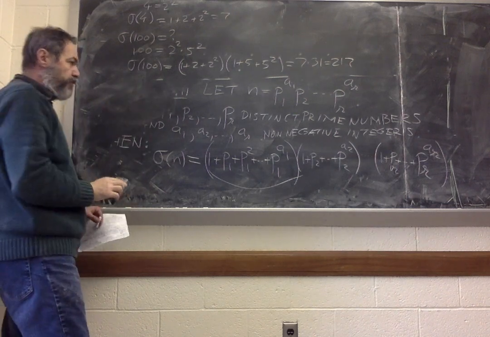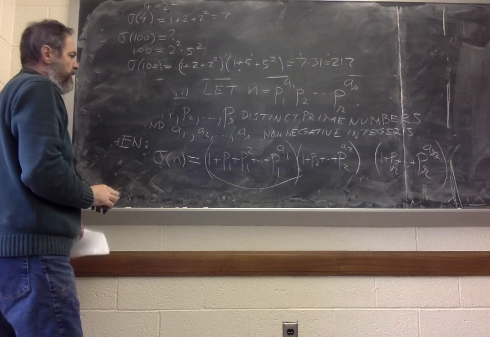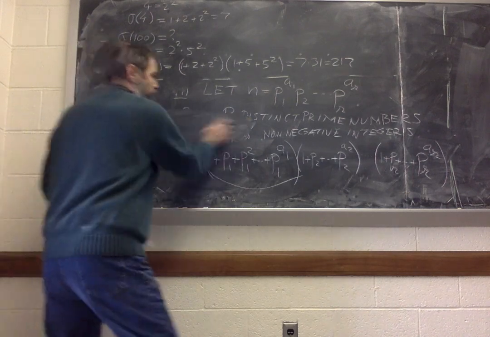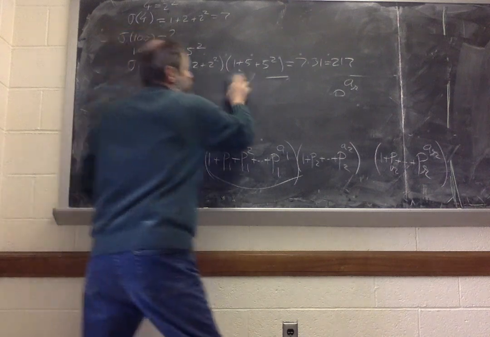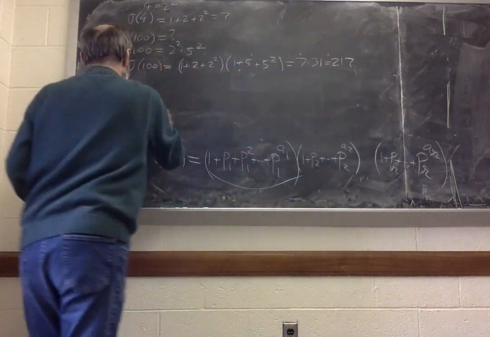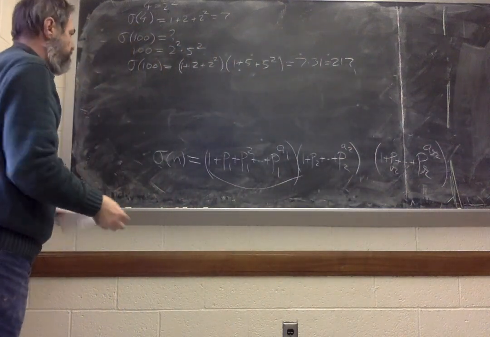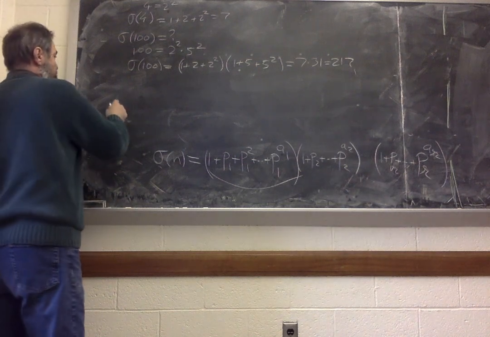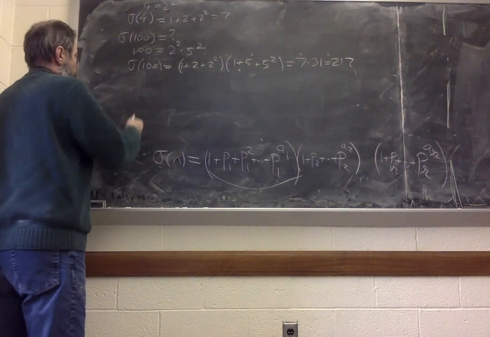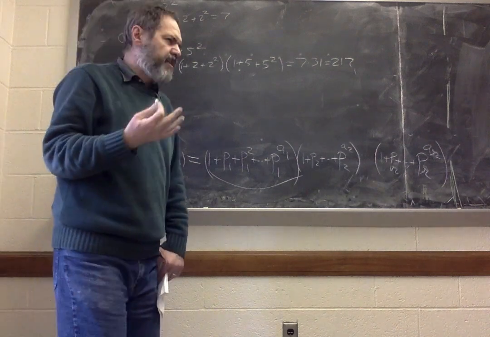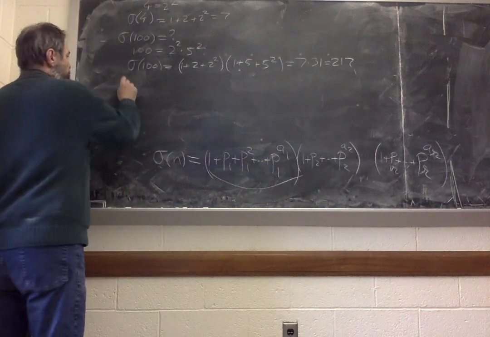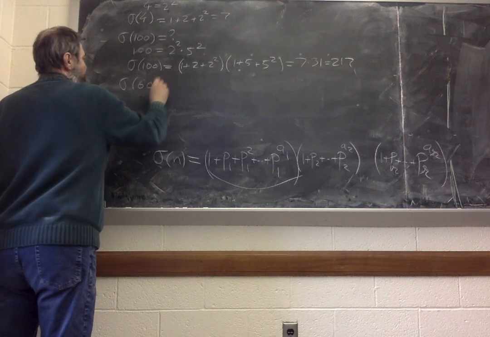Wait. No, I don't want to erase the actual formula for the moment. Well, let's compute some number with lots and lots of divisors and a large sum. Say, what is sigma of 60?